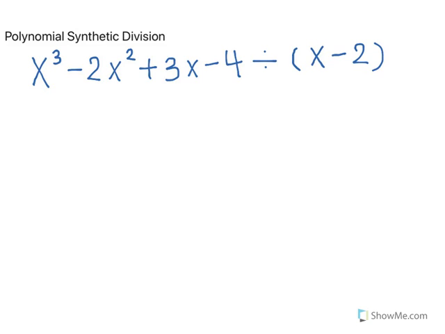To approach this problem, we start by drawing a sideways reflected L to separate our polynomials. On the inside, we are going to put the coefficients of our first function. Since the function is x cubed minus 2x squared plus 3x minus 4, the coefficients would be 1, -2, 3, and -4.